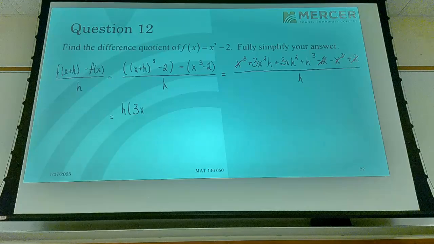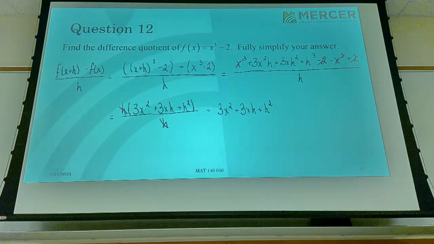So I'll factor out the h, and we'll be left with what? 3x squared plus 3xh plus h squared. h over h, 1. And there's your difference quotient: 3x squared plus 3xh plus h squared.